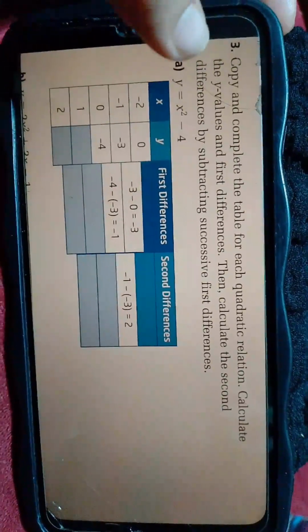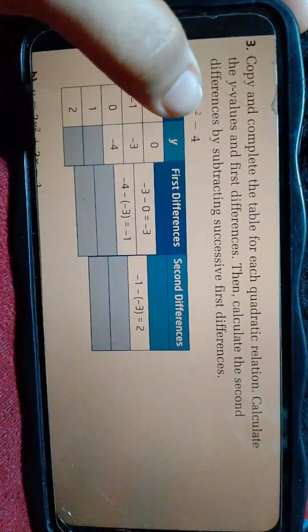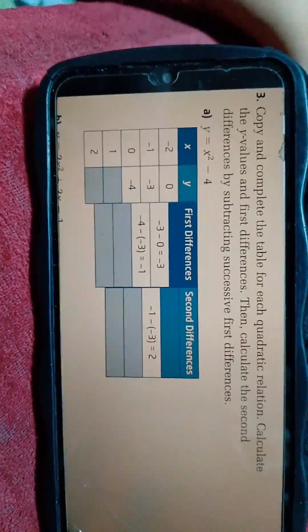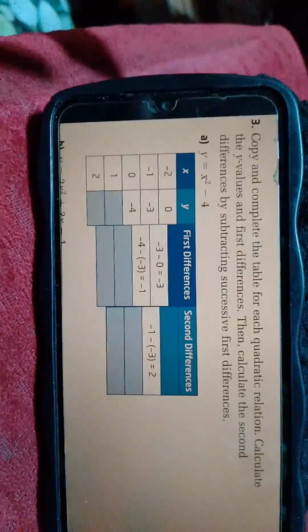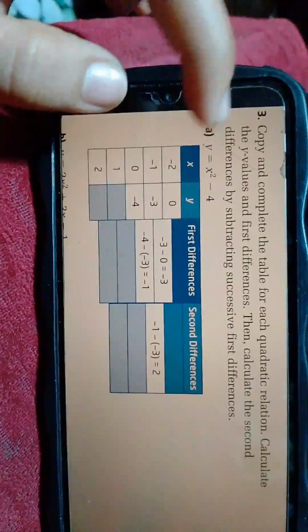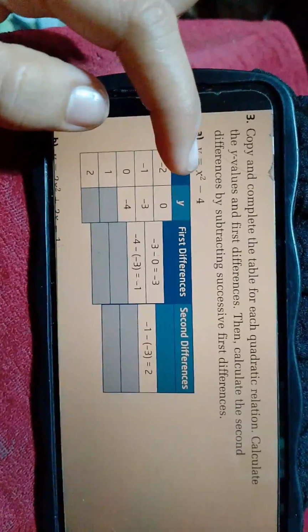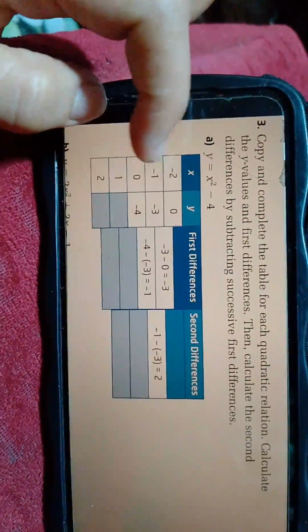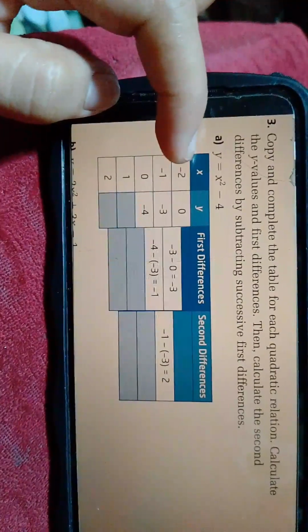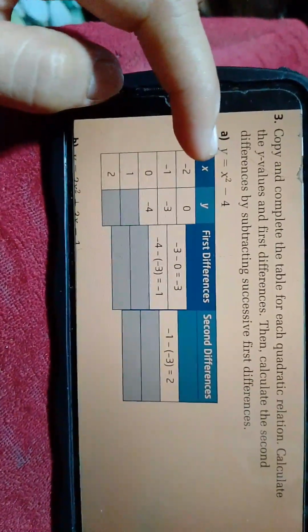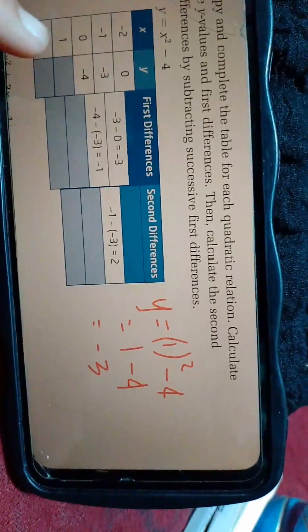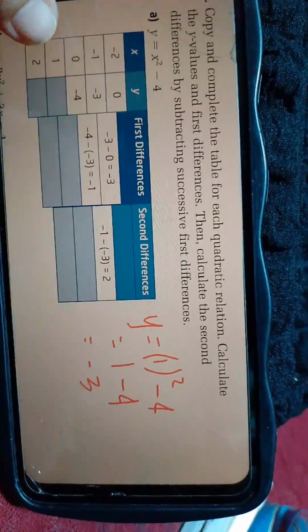Now let us proceed to the quadratic relations. We have y equals x squared minus 4. We already have the values of x. Following this equation, we substitute the value of x to compute the value of y. We have 1 as our value of x.